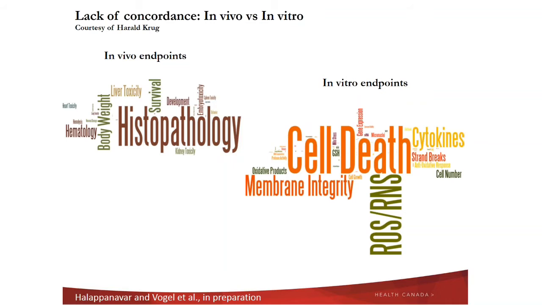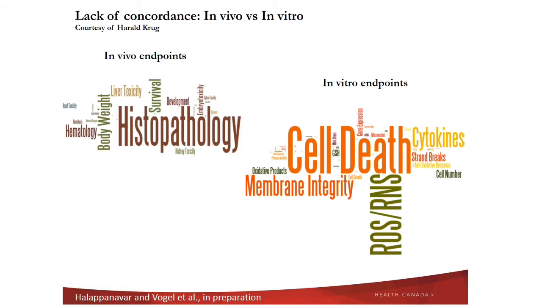So how do we go about bridging the gap between the in vitro and in vivo, or how do we go about making in vitro endpoints relevant for in vivo responses? One of the ways is by using the AOP framework.